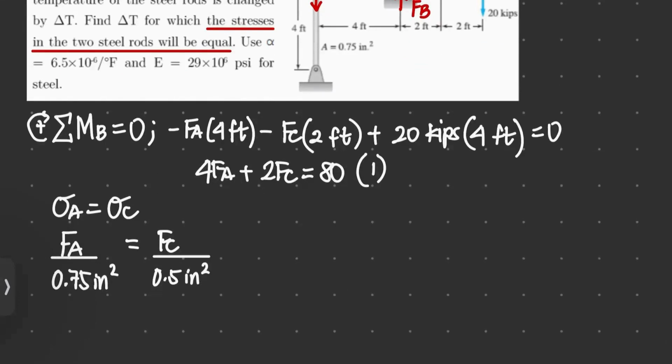Now, we can simplify it and get another correlation, which is FA is equal to 1.5 FC. Let's label it as equation 2. We have two equations with two unknowns. Therefore, we can solve for one of the forces. But first, we have to establish a compatibility equation.